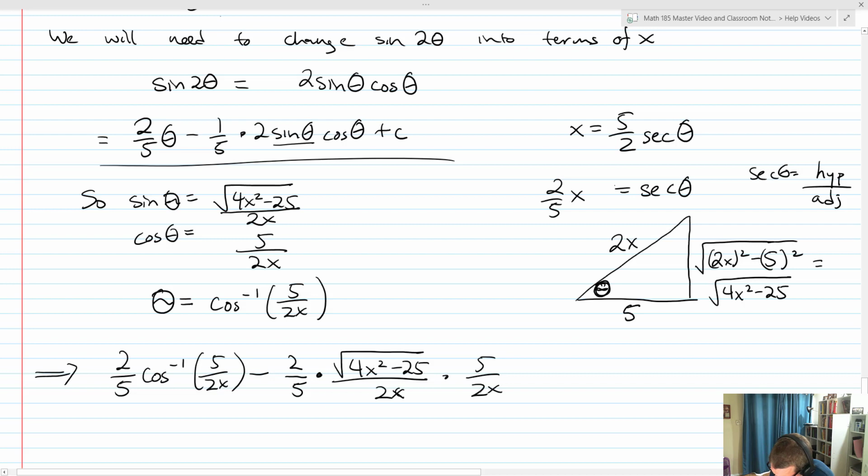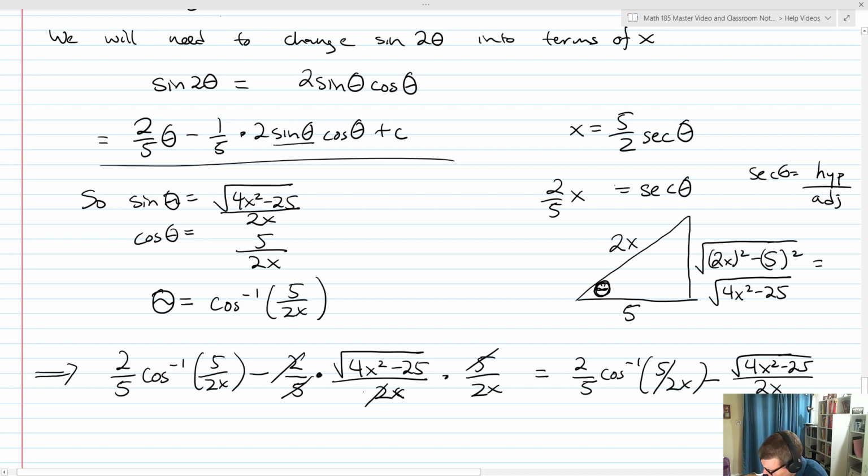Then we'll cancel our 5s, cancel one of our 2s. And so this ends up equaling 2/5 cosine inverse of 5 over 2x minus, both of our 2s, the square root of 4x squared minus 25 over 2x. And there you go.